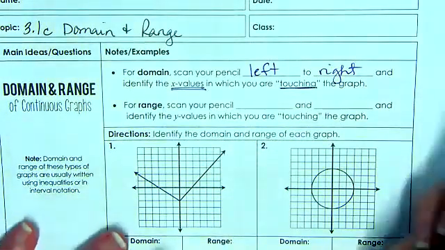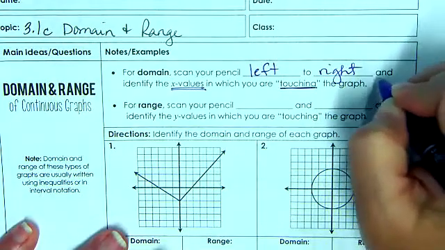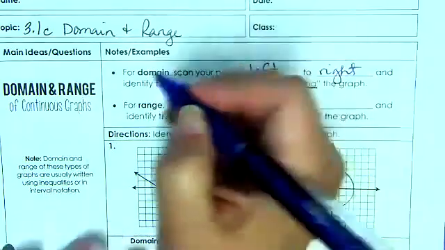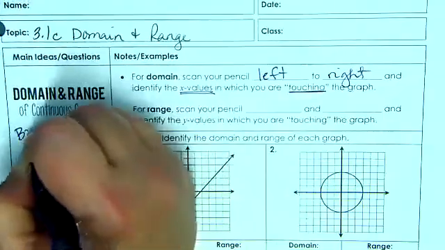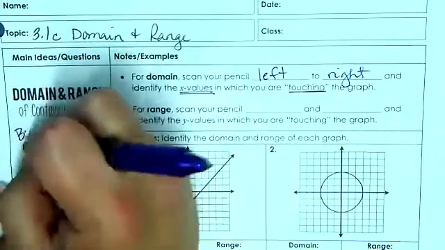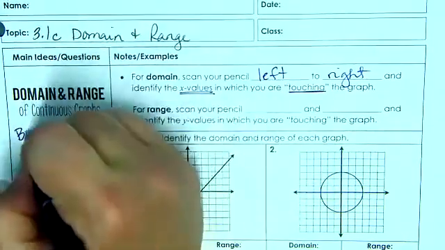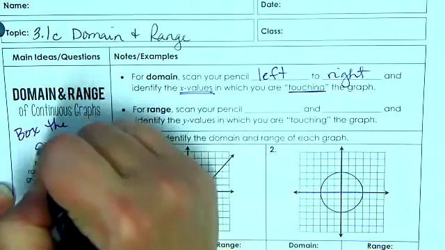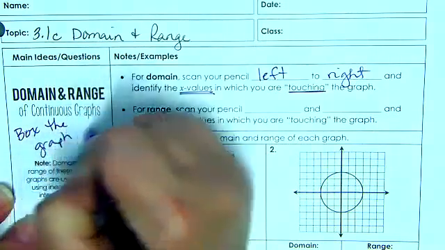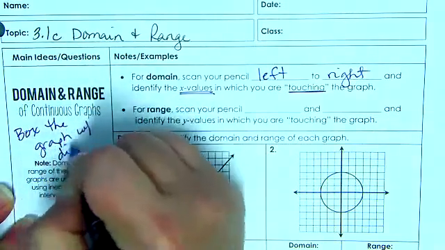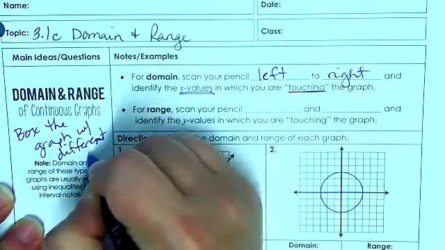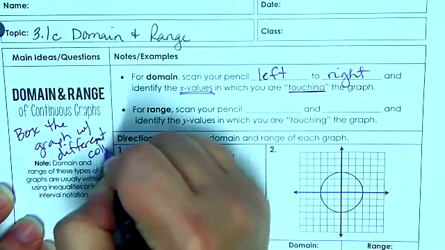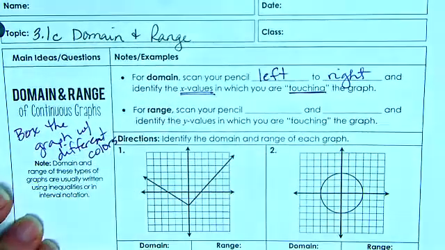My suggestion is also you can use highlighters and box the graph. My hint here is maybe box the graph with different colors, and I'm going to show you what that looks like.